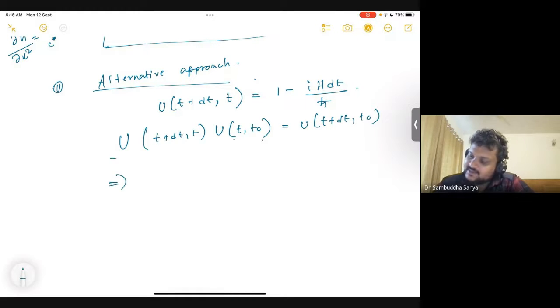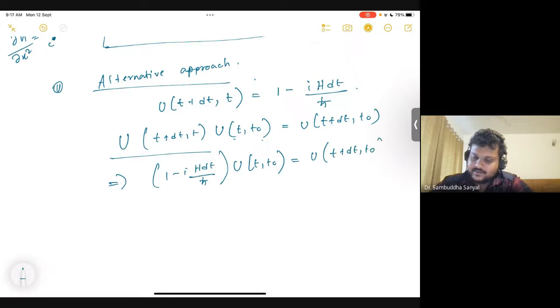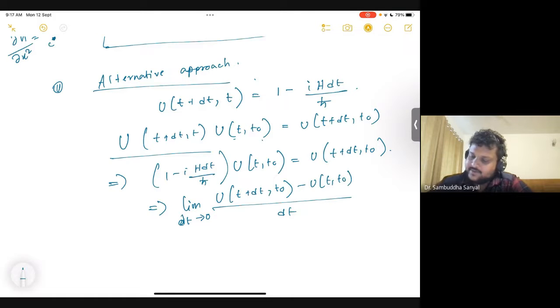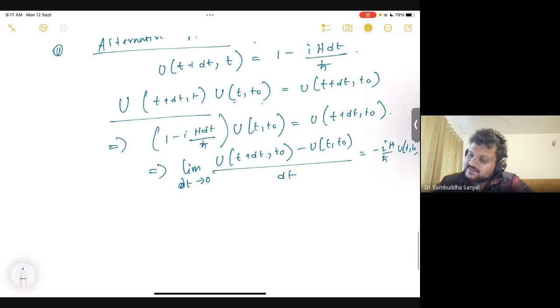So that means this thing is (1 - iH dt/h bar) U(t, t0) = U(t+dt, t0). So in the limit dt tends to 0, [U(t+dt, t0) - U(t, t0)]/dt is equal to -iH/h bar U(t, t0). So just rearranging the terms.